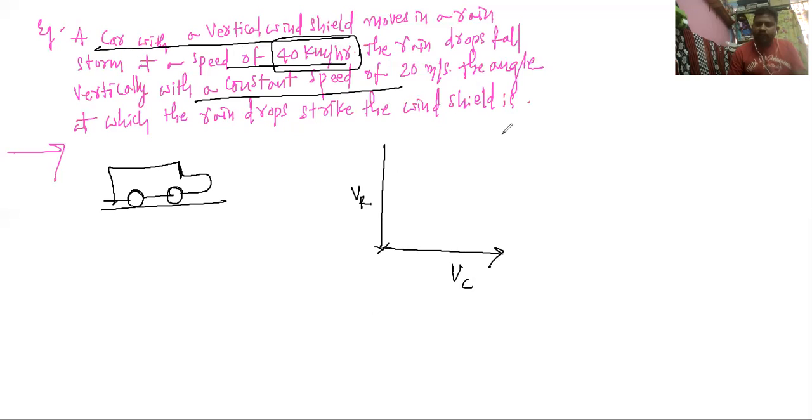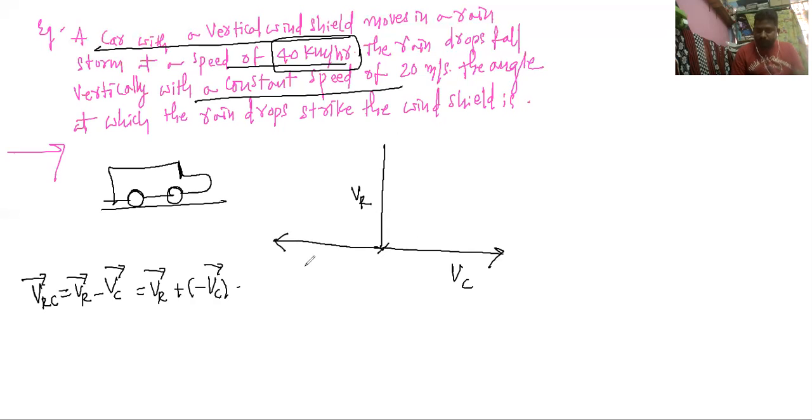Here we need the velocity of the rain with respect to the car, which is equal to Vr bar minus Vc bar. I can also write it as Vr bar plus of minus Vc bar. So this is Vr bar, this is plus Vc bar, right? If I write the negative vector of it, that will be minus Vc bar.